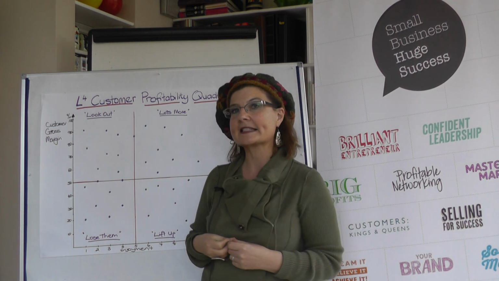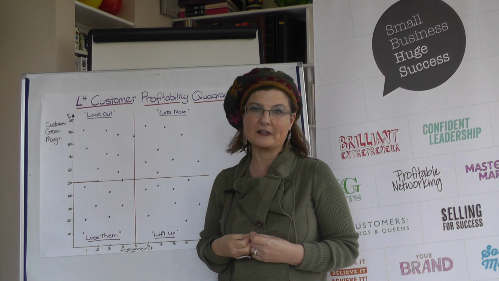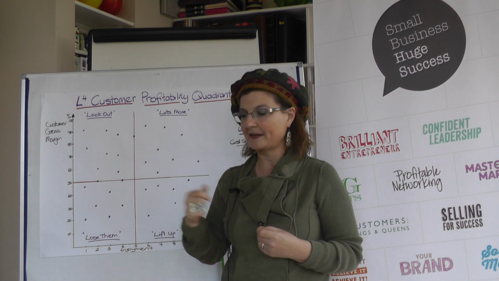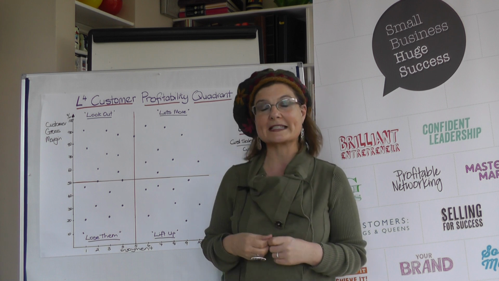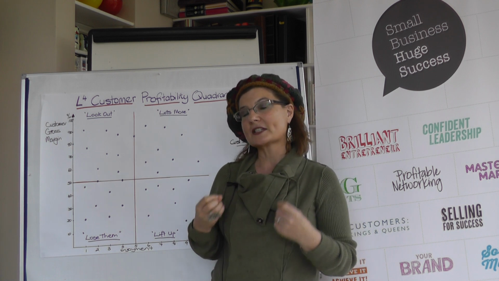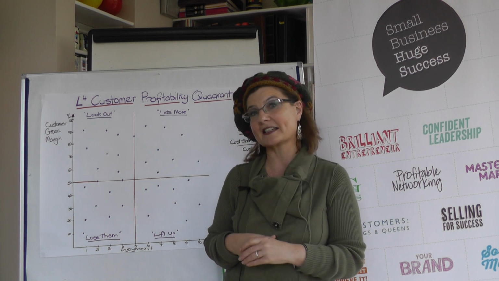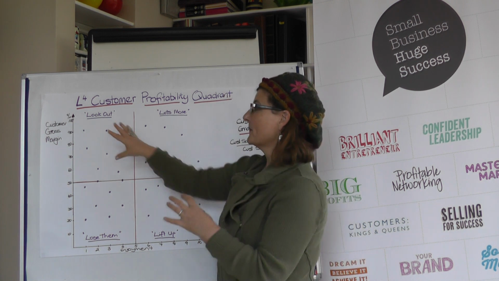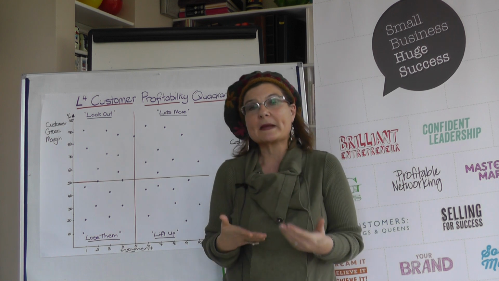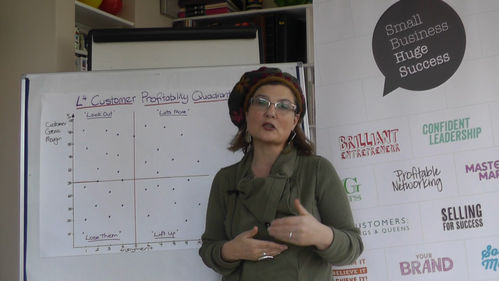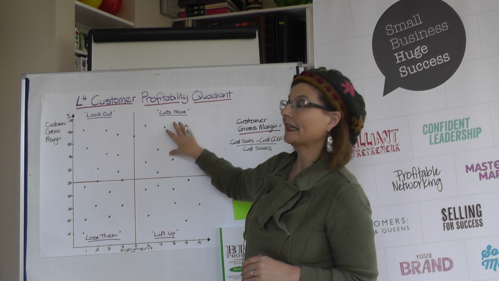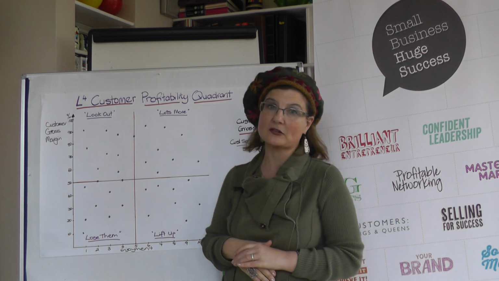So that in essence is my L⁴ Customer Profitability Quadrant that Lawrence Lown was referring to in his testimonial. It's a tool that I use all the time with my customers, helping them to understand their customers and to move their customers, to speak to them, to listen to them, to serve them better, so that they ideally sit in this quadrant, the lots more.